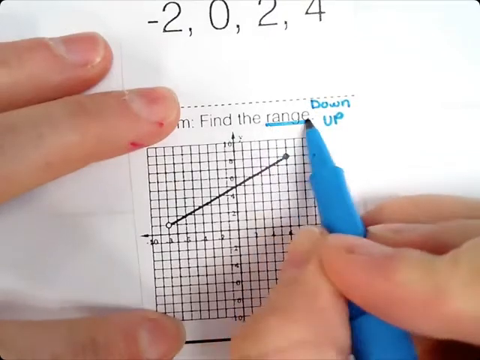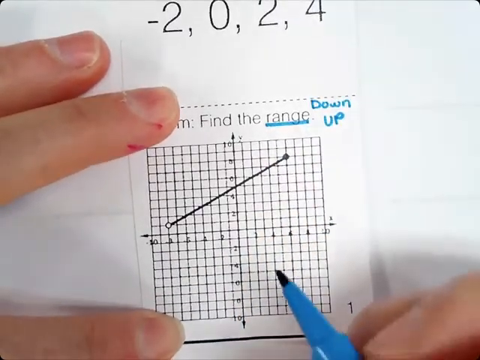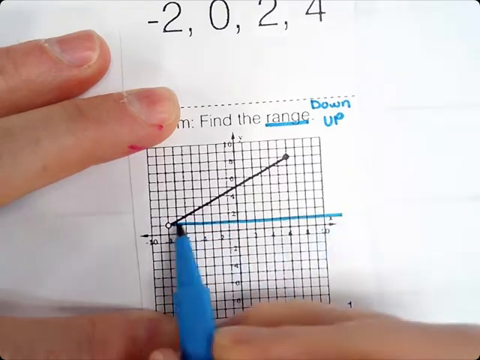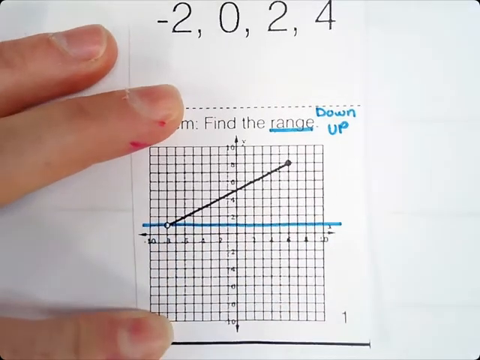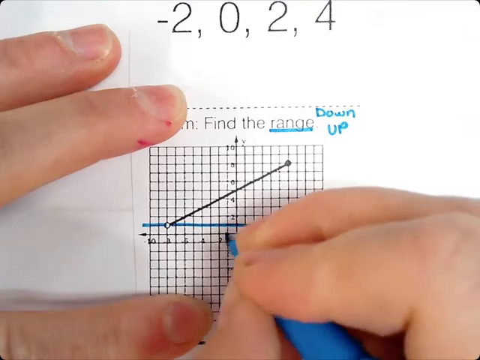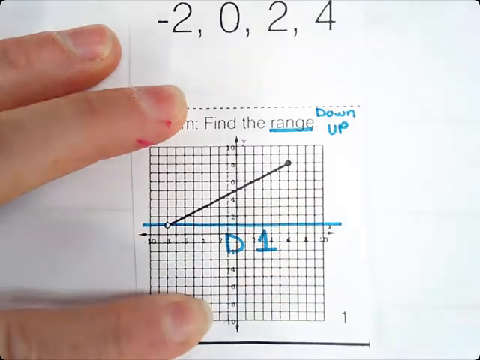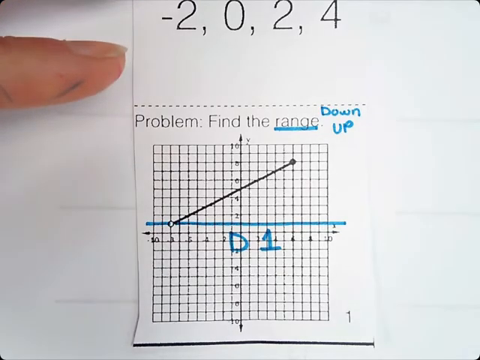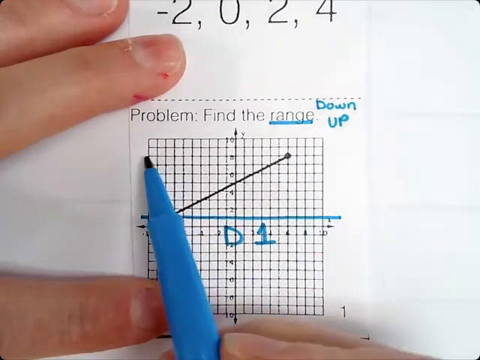So for range, we are doing the y values. So how far down does it go? How far down? +1. So you're going to show your work on each one of the graphs. Then how far up?